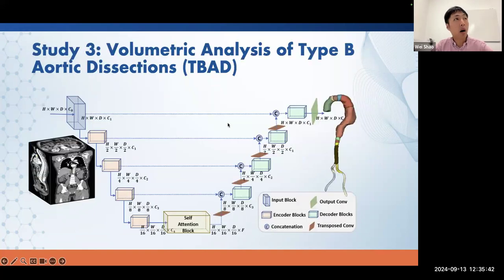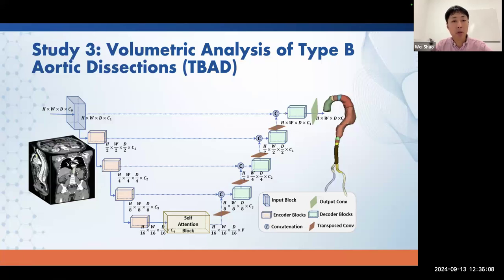Next I will discuss another study, which is not prostate cancer. It's type B aortic dissection. Aortic dissection can be a life-threatening disease, and our goal for this project is to predict the progression of aortic dissections and to inform the clinicians to take proper actions.